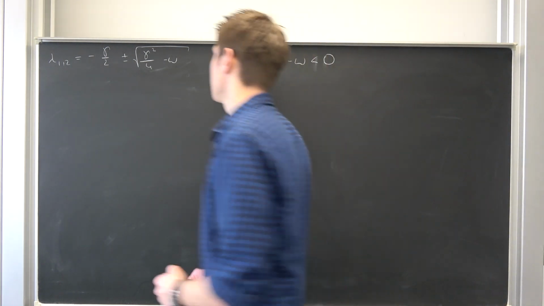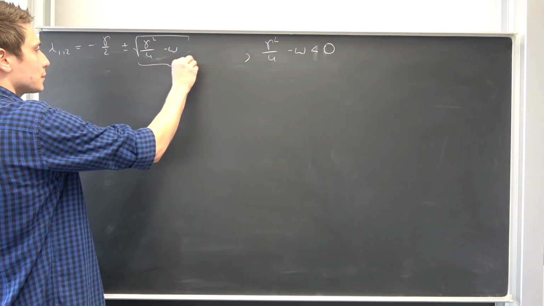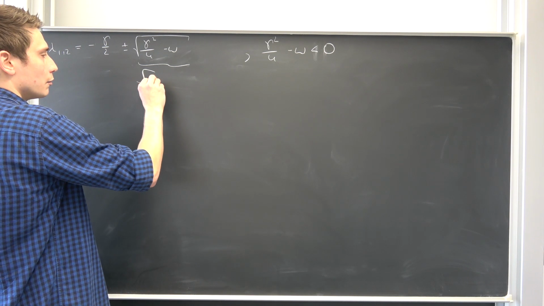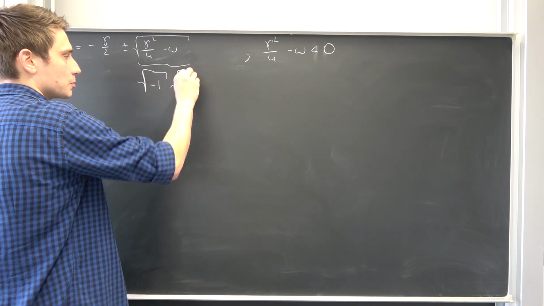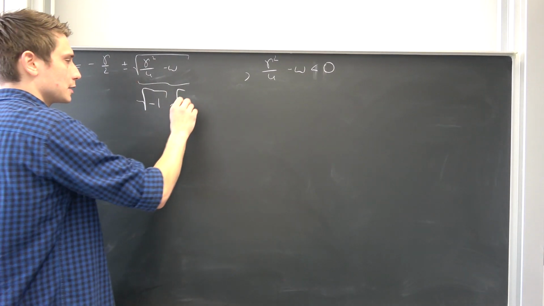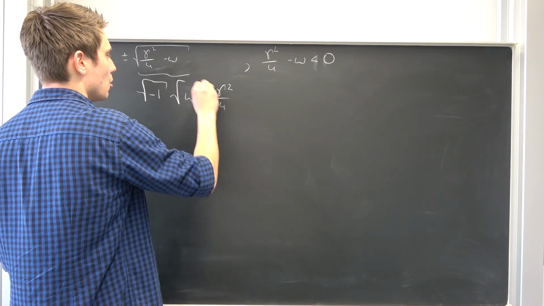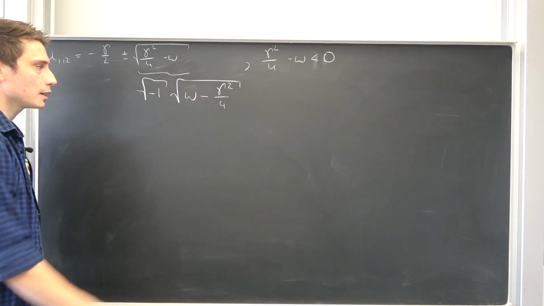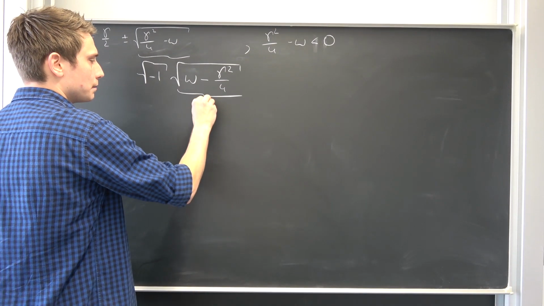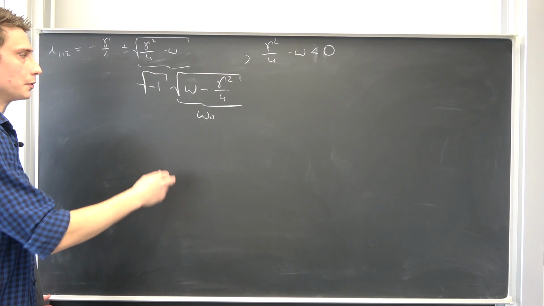Meaning, we can say that this thing is nothing but square root of -1 times the square root of, see, we have factored out -1, so this gives us omega minus gamma squared over 4. We're going to call this thing omega naught once again. I really don't care.